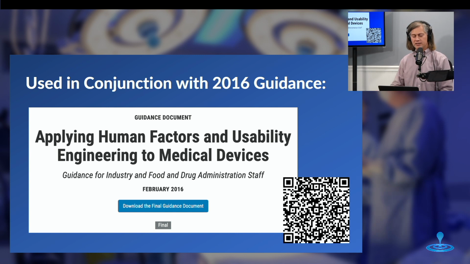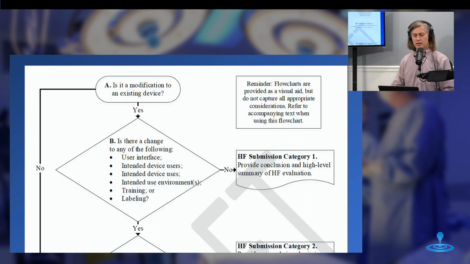But if we go back to this draft guidance that was just issued recently, they have this in the middle of it, and it's very, very important. It's a flow chart. And they ask this question: is the change being made a modification to an existing device? If the answer is yes, then the question becomes, is there a change to any of the following?